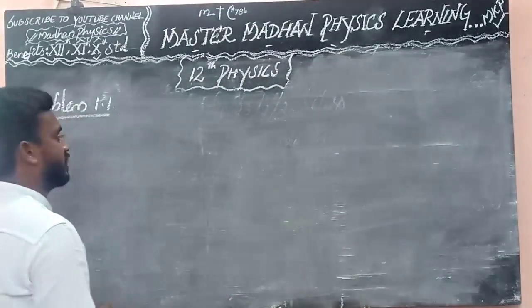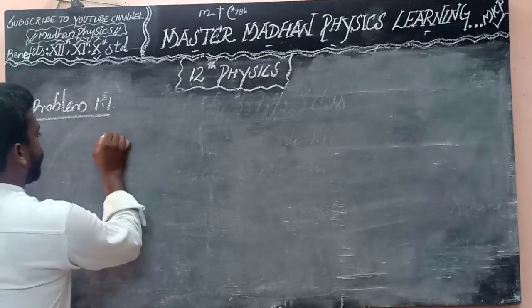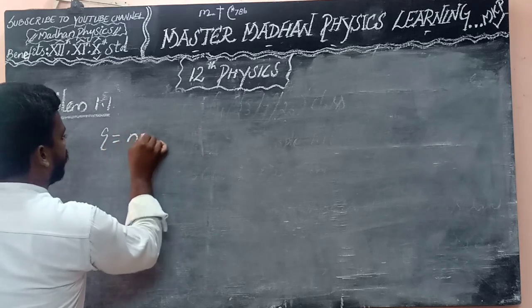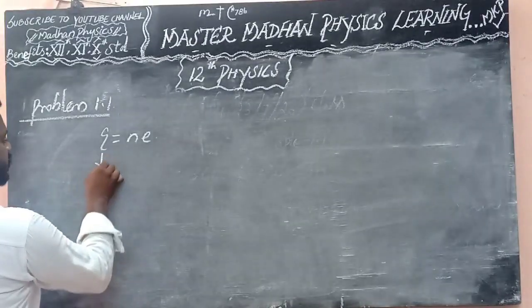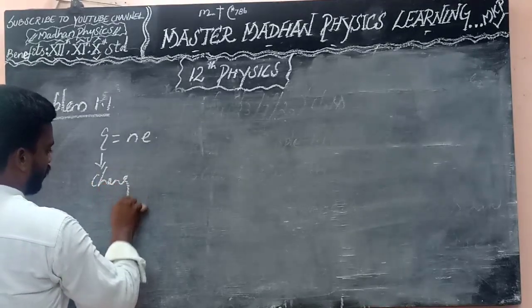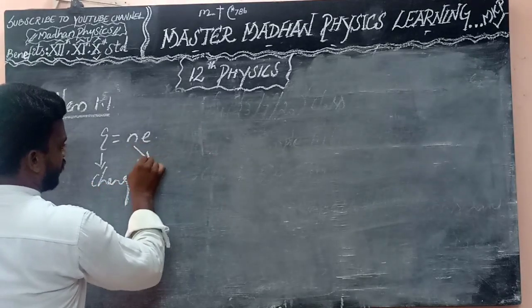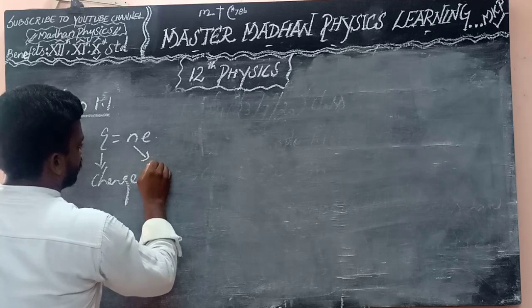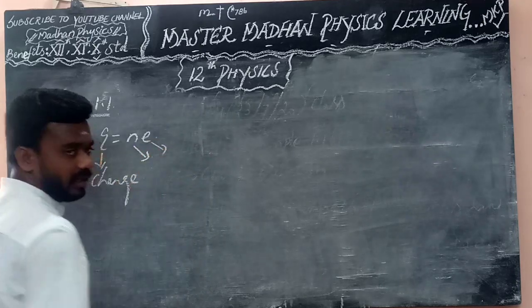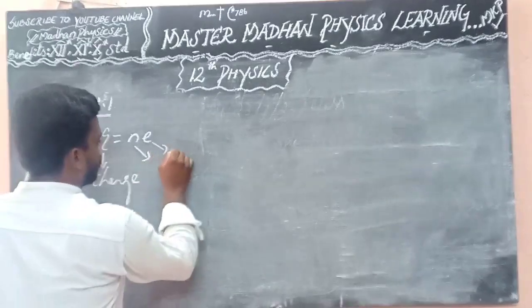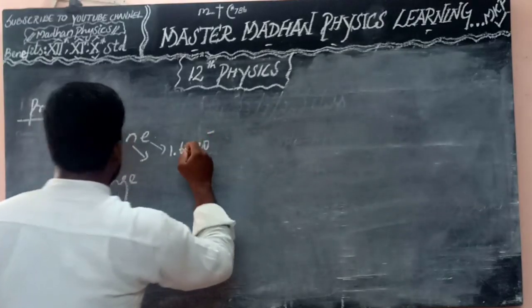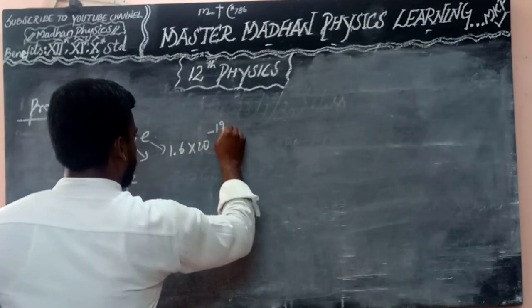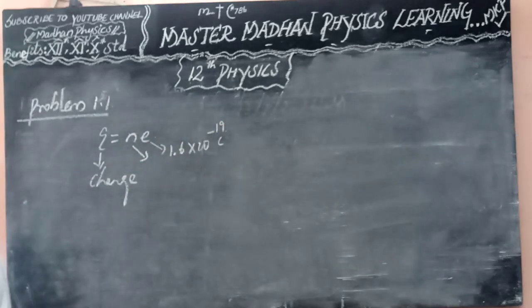But we know the quantization of electric charge equation, Q is equal to NE, right? Q is the charge, N is the number of electrons, E is the electric charge, that is 1.6 into 10 power minus 19 coulomb. That we know very well, isn't it?